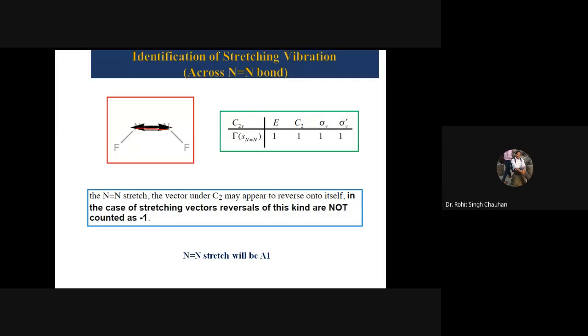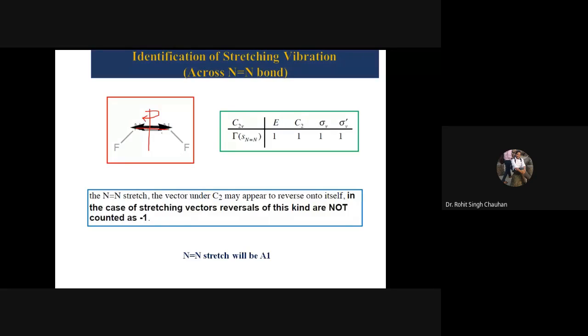Let us start. Now, if you perform the symmetry element E, is any change going to happen in the NN double bond? I guess no. So the number of unshifted bonds will be 1. For the C2, if you are going to rotate through this direction, this N will come here and this N will come here.